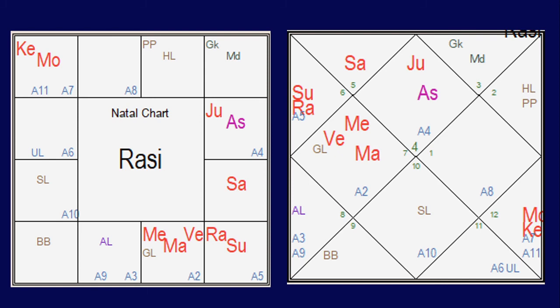Now, what is the time? As I said, your ascendant degree is your rising point. Here the ascendant degree is 26 degrees something, and the sun is at 28 degrees Virgo.